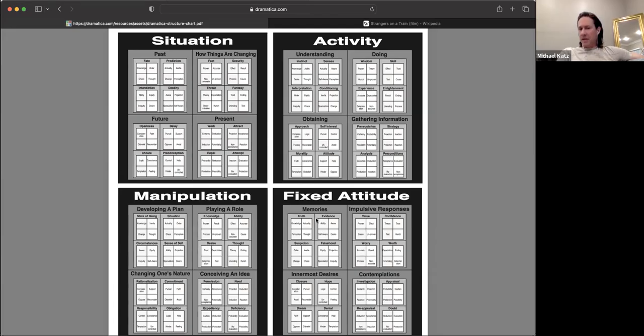But contemplations, you would think that Bruno is more innermost desires or impulsive responses than contemplations. But what's another word for contemplations? Like thinking things through, weighing the pros and cons of stuff, mulling things over.